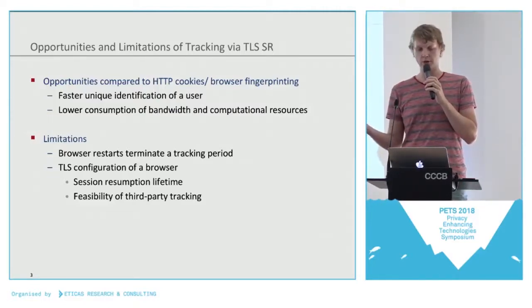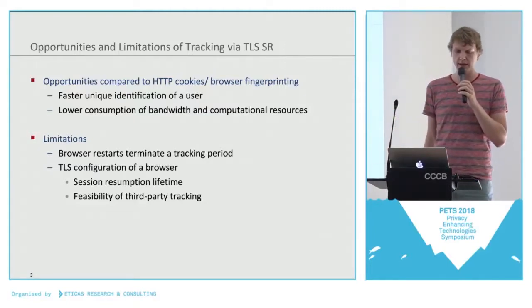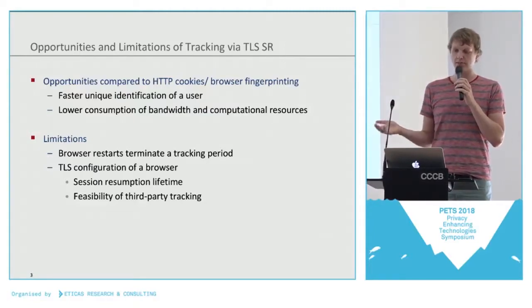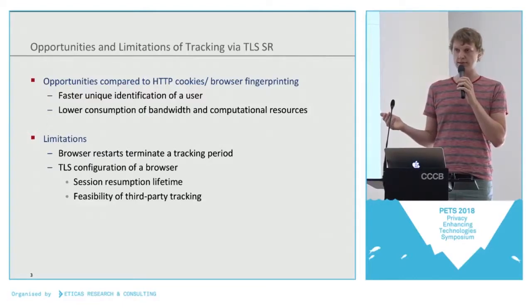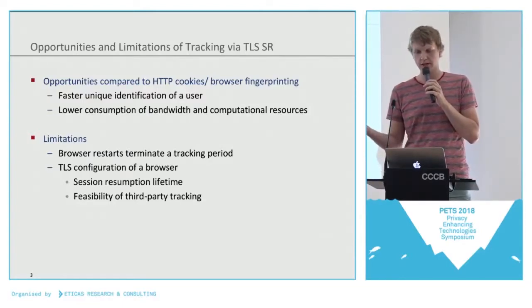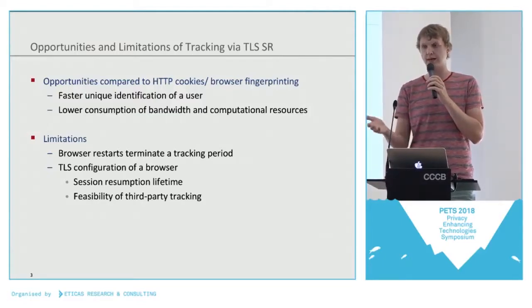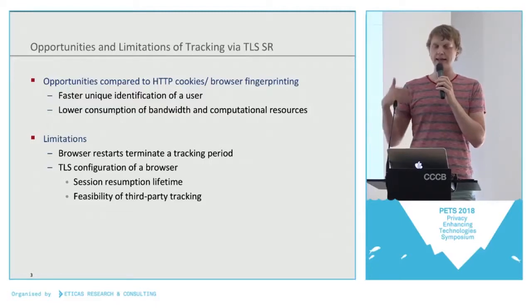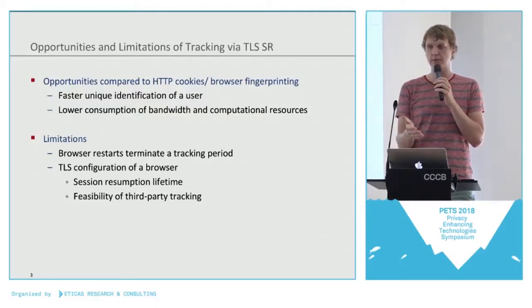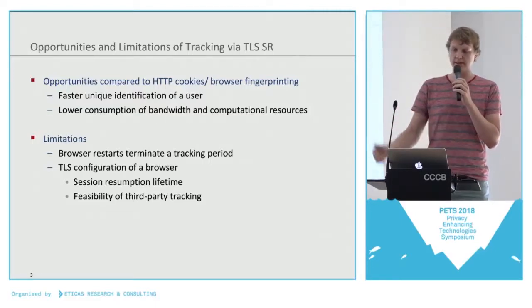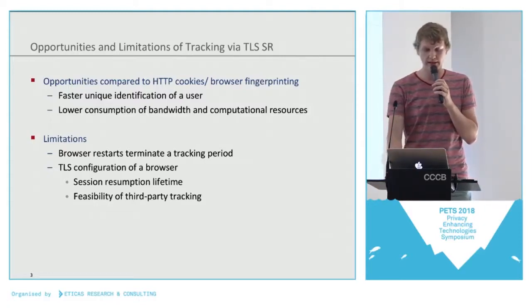Furthermore, from an economical perspective, you have a lower consumption of bandwidth and computational resources on both sides, which is also attractive to the tracker, because you don't have to issue an additional request for the HTTP cookie or send the browser fingerprinting script to the client.